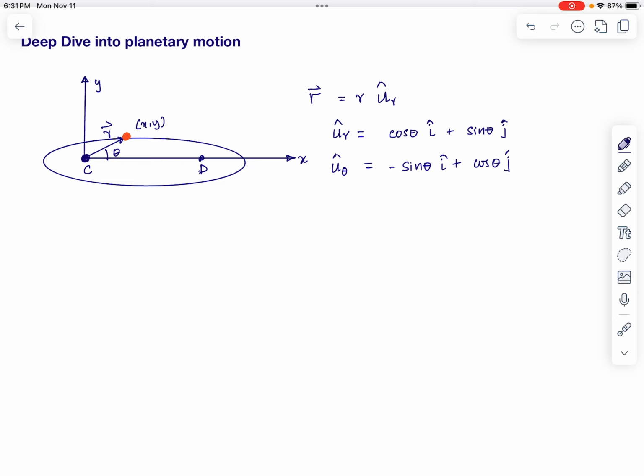If you were to take a dot product of these two vectors, we get cosine theta times negative sine theta plus sine theta times cosine theta, and that comes out to be 0.